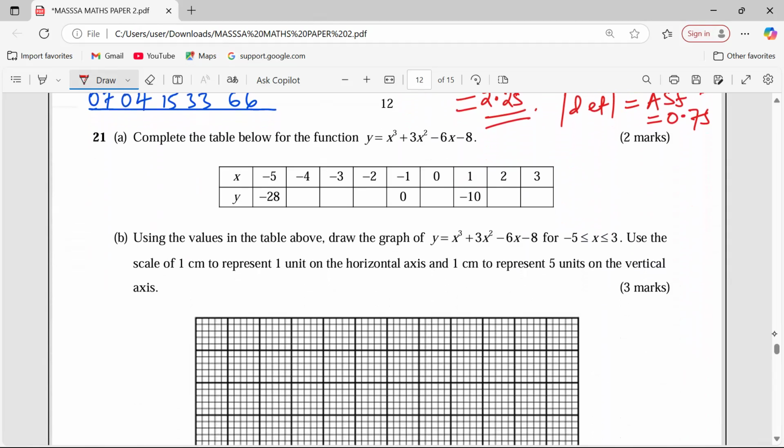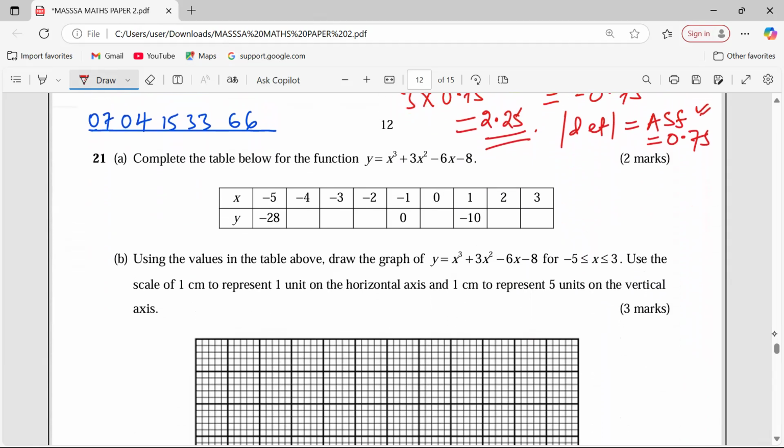Number 21 now. Complete the table below for the function y equals x power 3 plus 3x power 2 minus 6x minus 8. We complete the table. So we're supposed to know that the value of y can be obtained for every corresponding value of x. For example, when x equals negative 5, we go to the function.